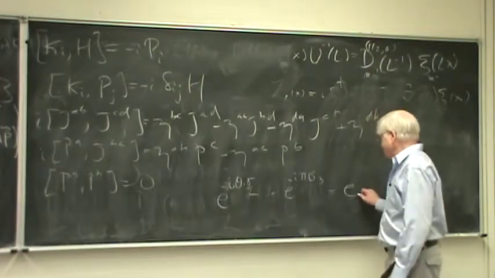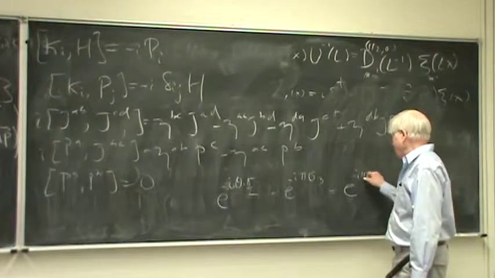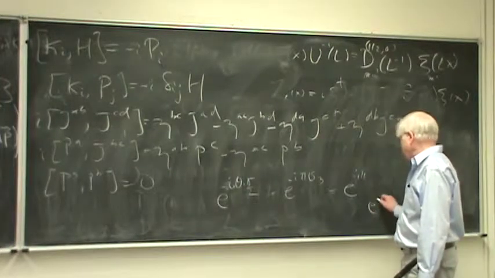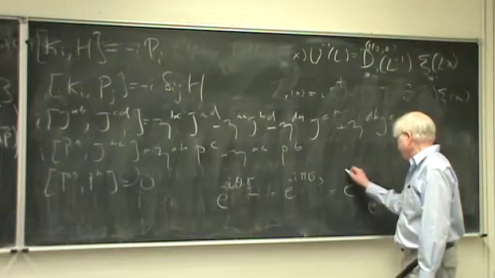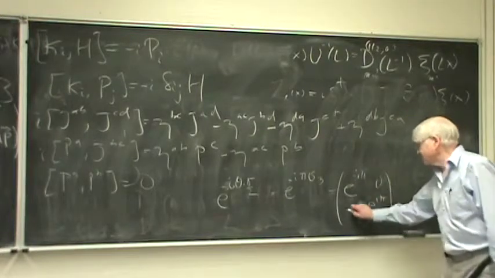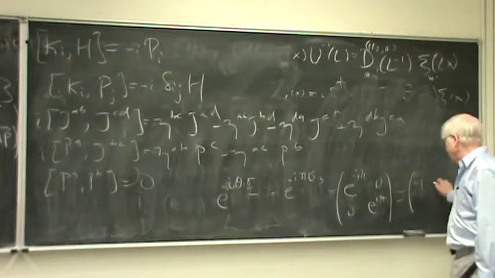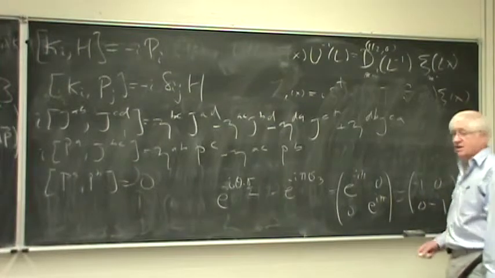So then this is e to the minus i pi, e to the i pi, 0, 0, and this is minus 1, 0, 0, minus 1.